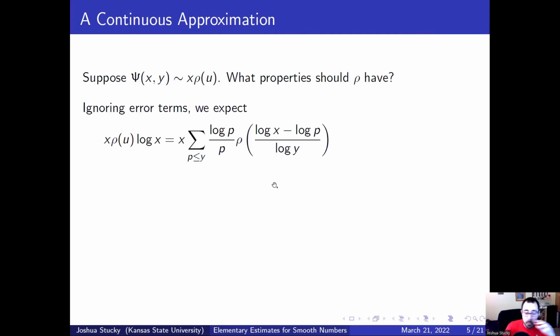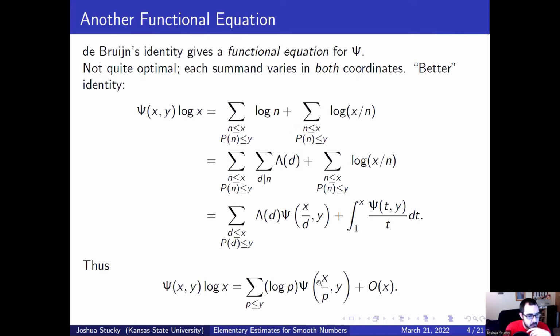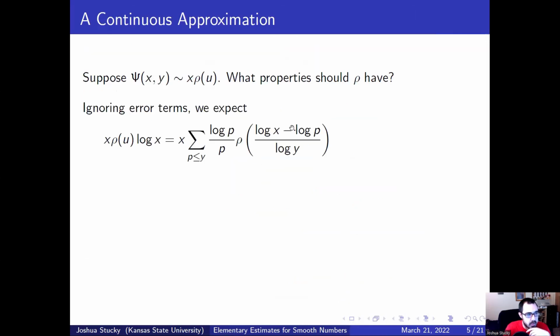I'm going to completely ignore error terms because we're just conjecturing things at this point. If I write down what this should be, my psi of xy is x rho u times log x, which should be what I had before: x over p times rho of log x minus log p over log y. And so it should satisfy something like this.